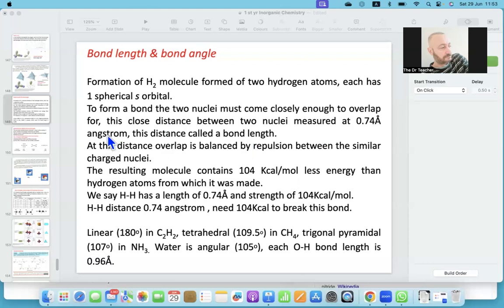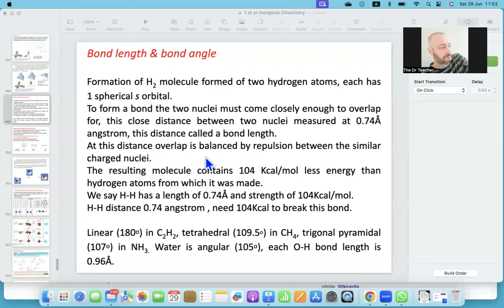Once the two nuclei reach 0.74 angstrom, they can form a bond. At this distance, the overlap is balanced by repulsion between the similarly charged nuclei.